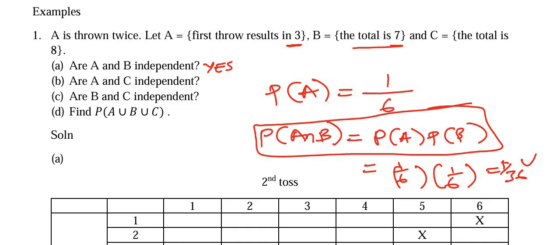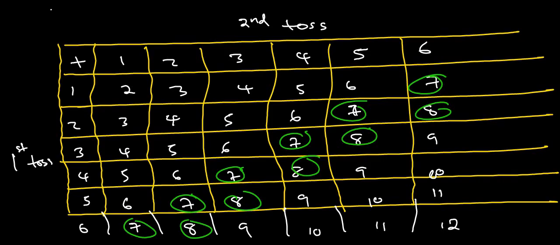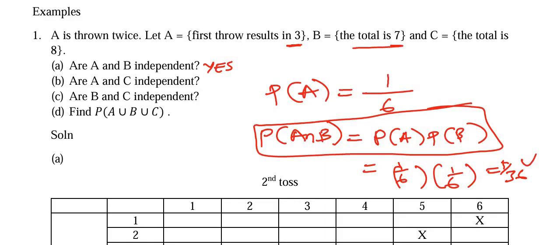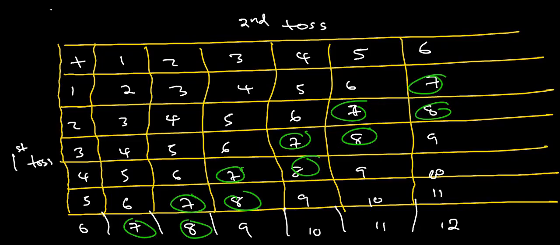So if we think about it, what's the intersection? What is A and the total is 7, right? From the total that we got to be 7, how many times do we get to use a 3? The 3 was used to add up with this 4.